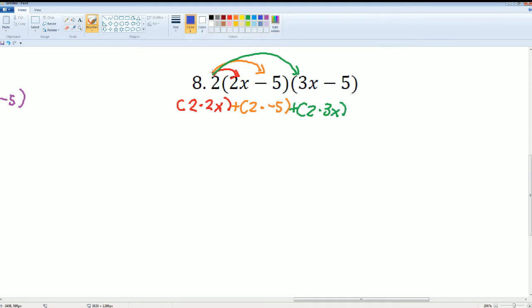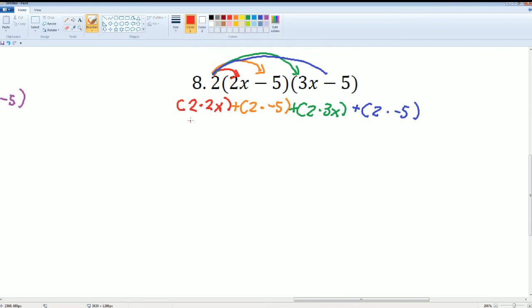Then let's do blue. 2 times -5 plus 2 times -5. Alright, these all distribute in. Good. And let's see. Let's simplify this.